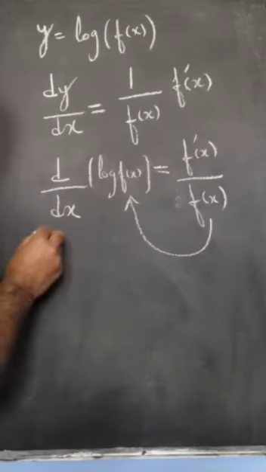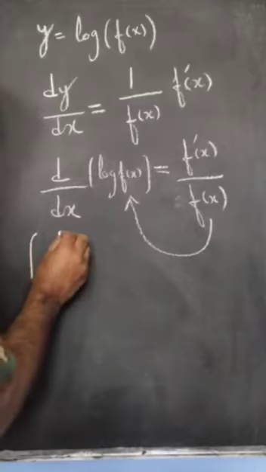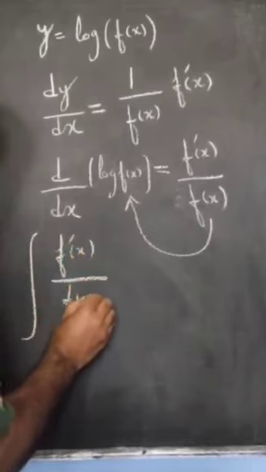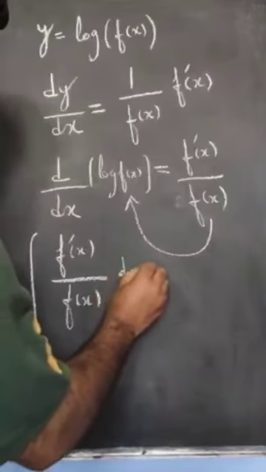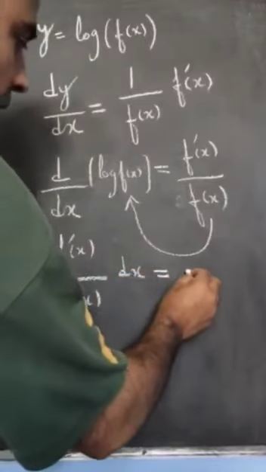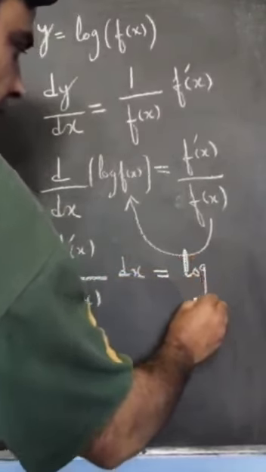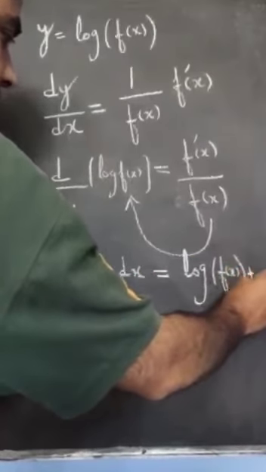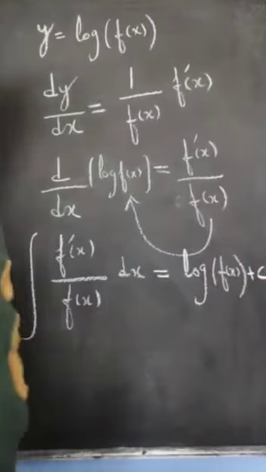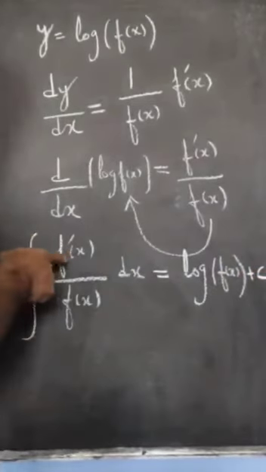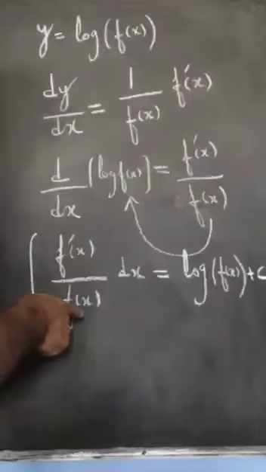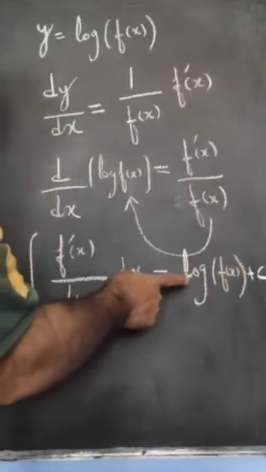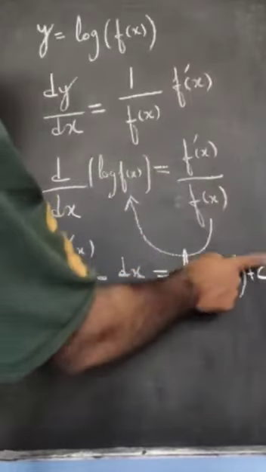So we can write integral of f dash of x divided by f of x dx is equal to log of f of x plus c, that is constant of integration. So integration of f dash of x divided by fx is equal to log of f of x plus c, that is log of denominator plus c.